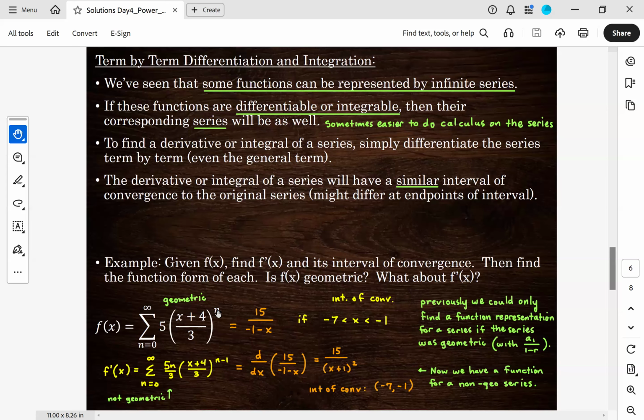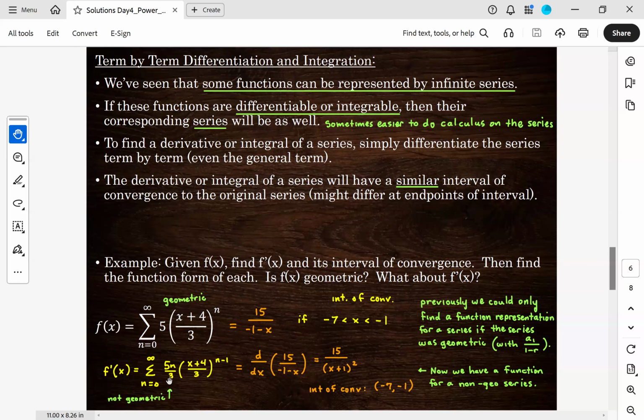I can take my previous exponent, multiply it by whatever multiplier was already there in the front. So 5 times n becomes a 5n. And then, whatever was being raised to the n power, we're going to reduce the power by 1.